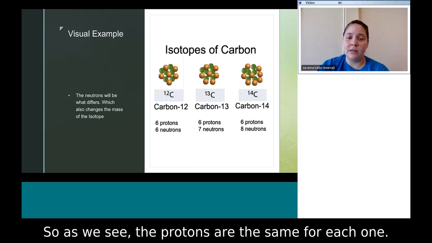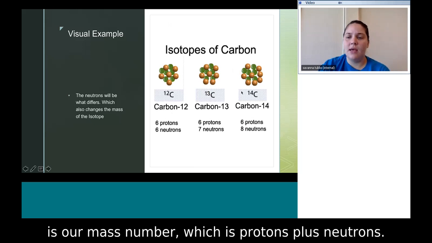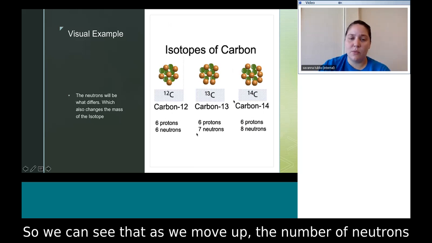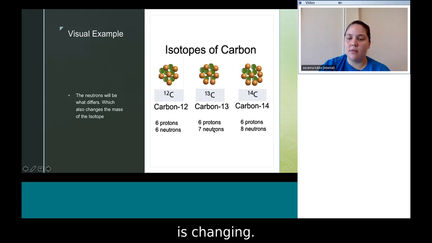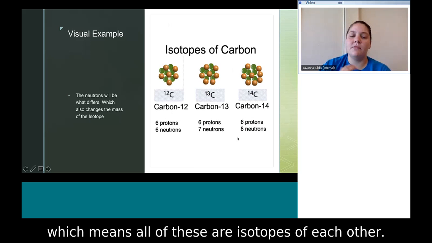So as we see, the protons are the same for each one. This number up here at the top is our mass number, which is protons plus neutrons. So we can see that as we move up, the number of neutrons is changing. So protons are the same, neutrons are different, which means all of these are isotopes of each other.